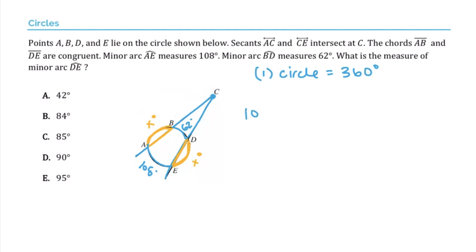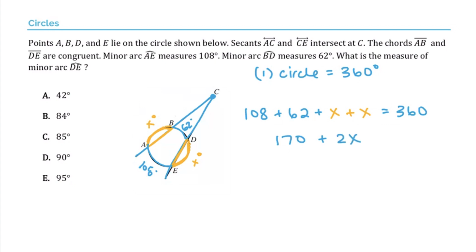So I add my 108 from AE, plus 62 from BD, plus my X from AB, plus my X from D to E. It should equal 360.